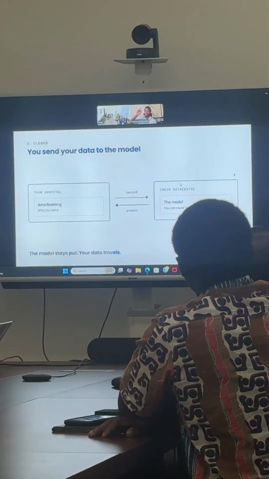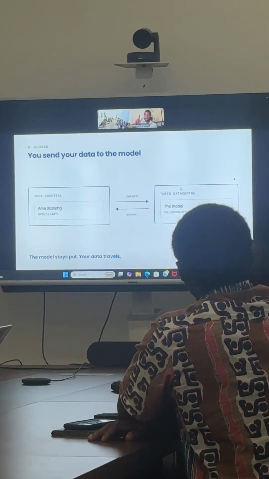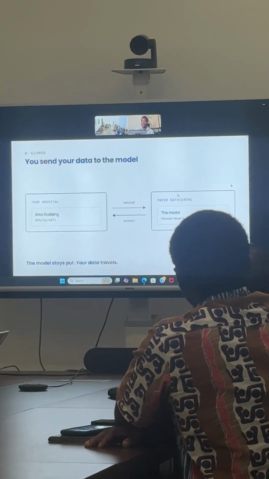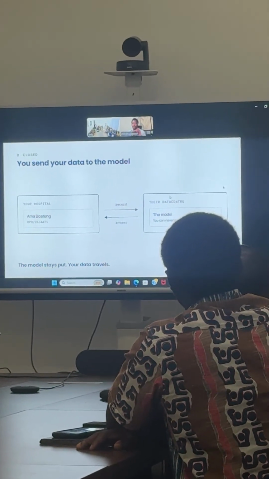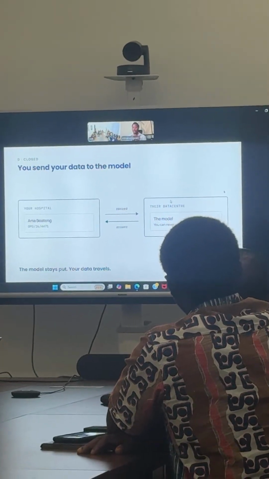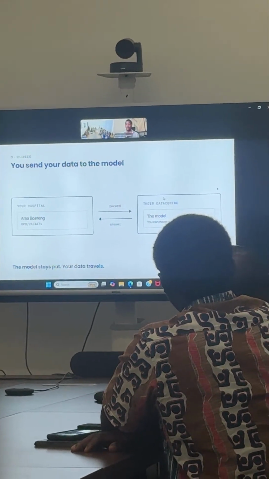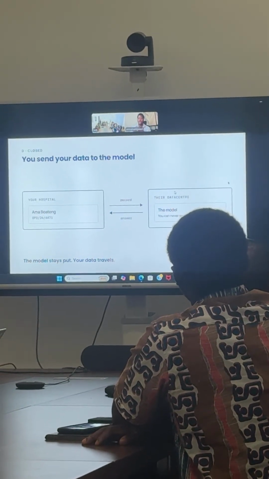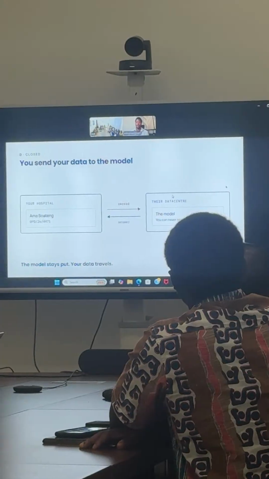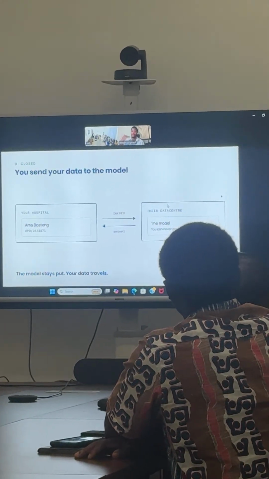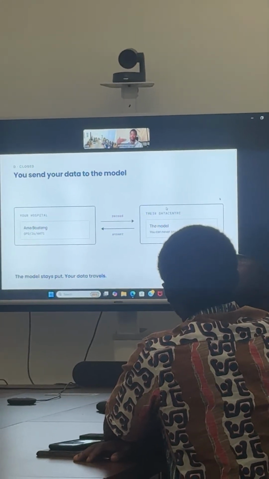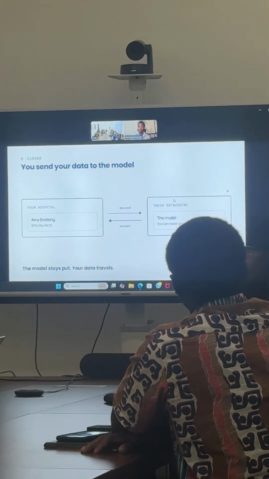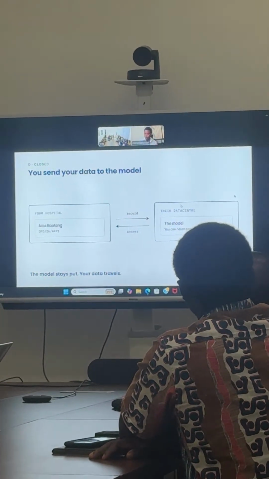But when you're looking at open models, which is what I'm proposing for the university, it solves two issues which closed models have. Number one, with closed models, your data is stored outside. So if you are talking about patient care details, there are legal rules behind it, and it also makes it very difficult to do an enterprise-level contract with OpenAI, Anthropic, Google.